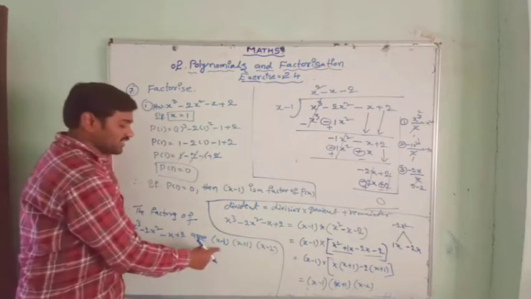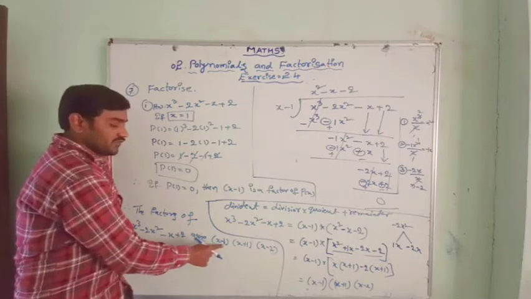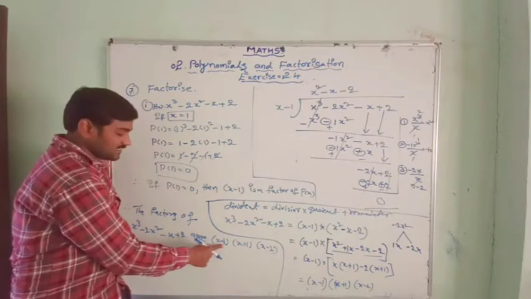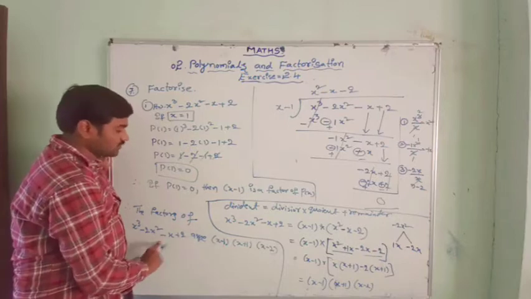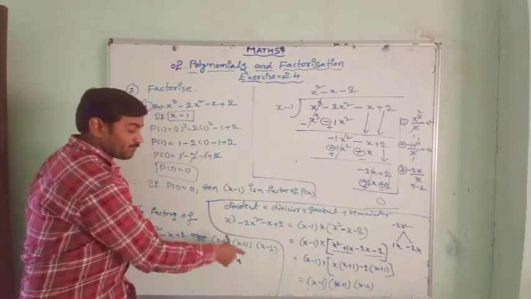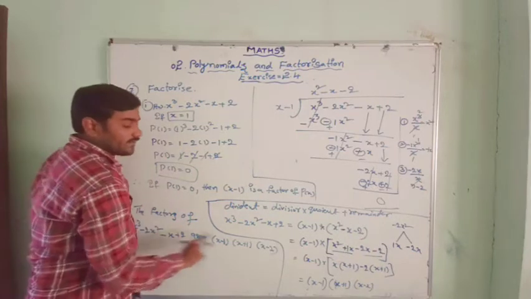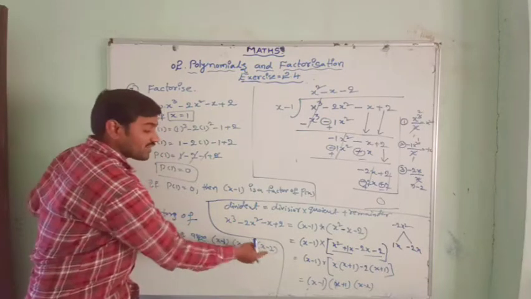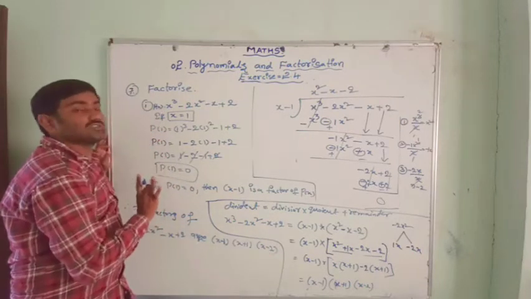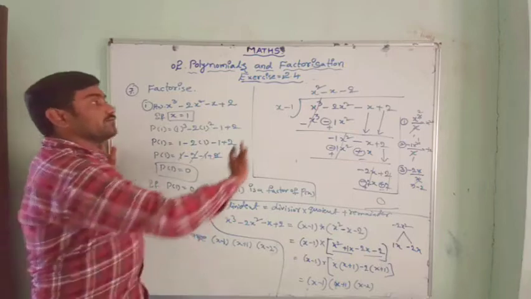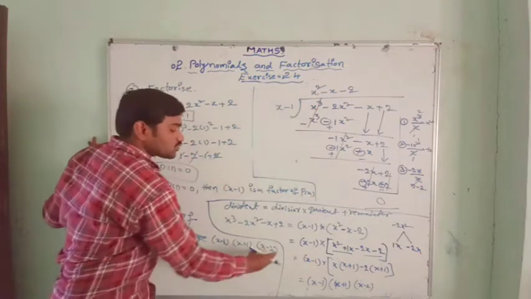That means x minus 1 is a factor of this, so if you substitute x equals 1, p of 1 will equal 0. Already we got that. Here p of minus 1 also equals 0. And p of 2, for x minus 2, is also equal to 0. So by this long division method we got these two actually.